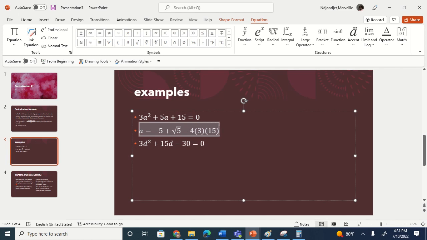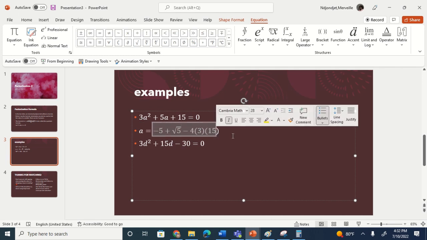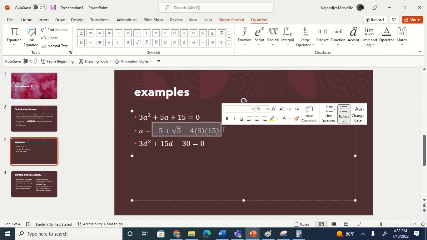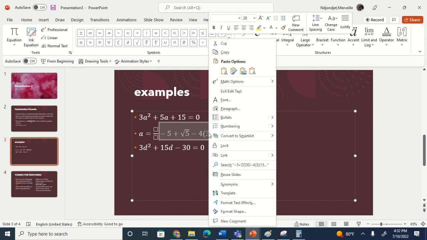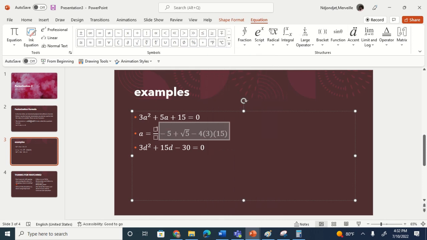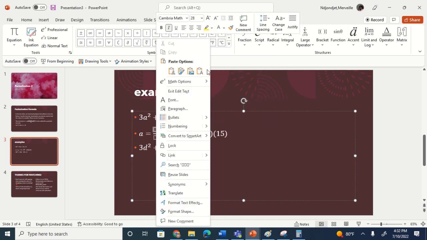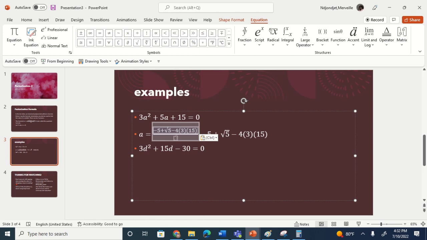So this is supposed to be a fraction. So on 2 times a, and 2 times 3, the coefficient 3 is a in this situation, is going to be 6.